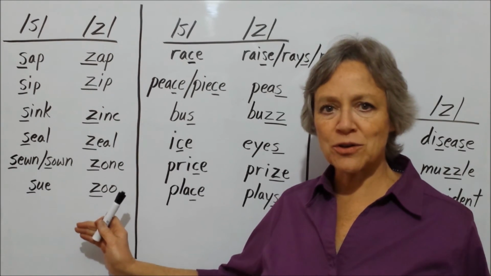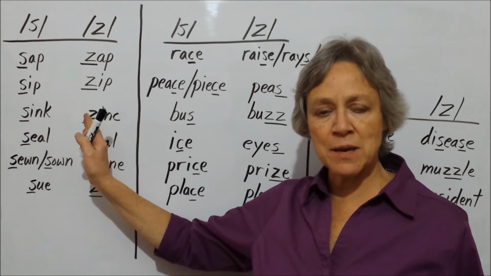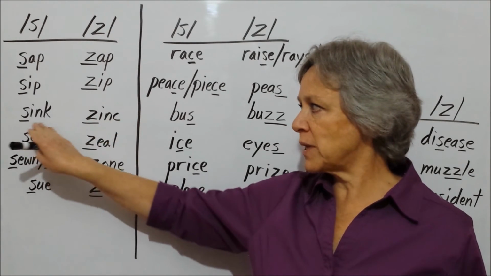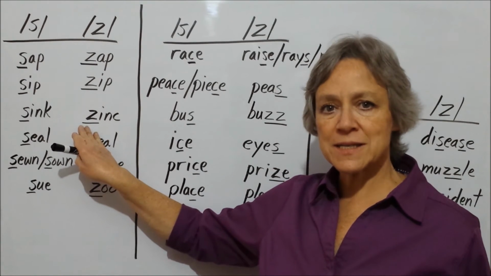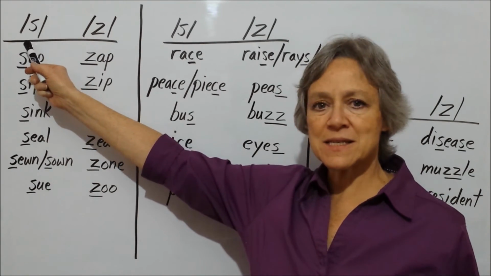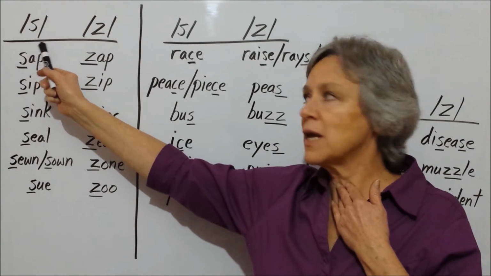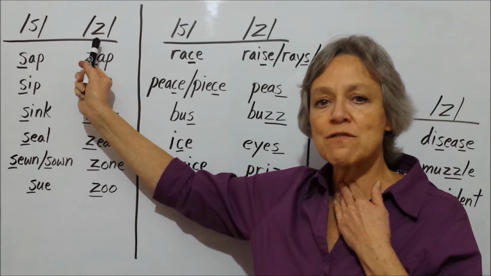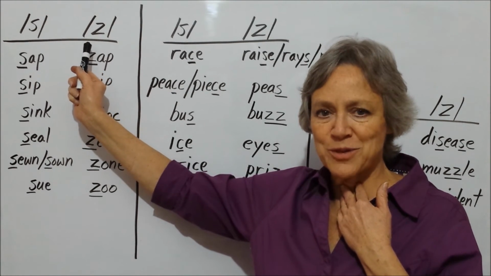So I hope that you heard that the sounds in the words for each pair are the same except for the beginning sound, except for either s or z. And also as a reminder, s is the voiceless sound, so there's no vocal cord vibration, and z is the voiced sound, so there is a vocal cord vibration.